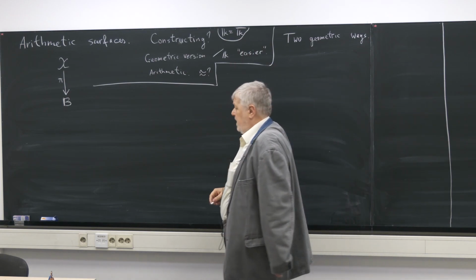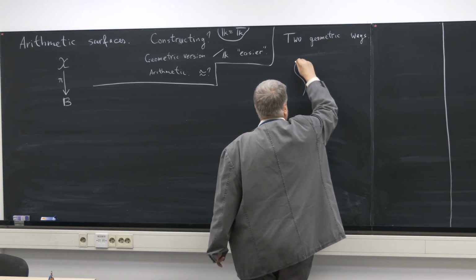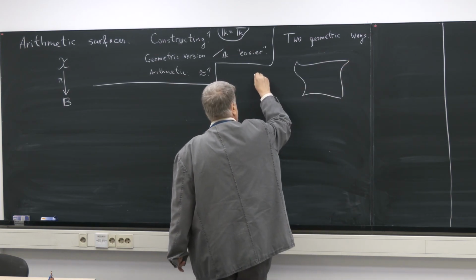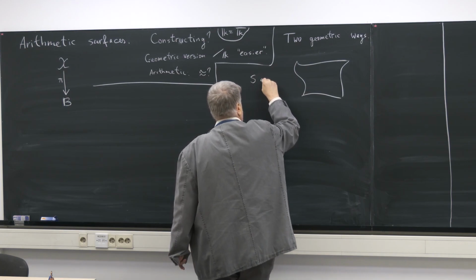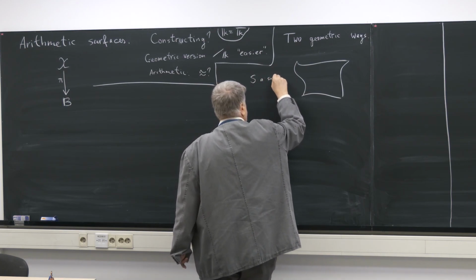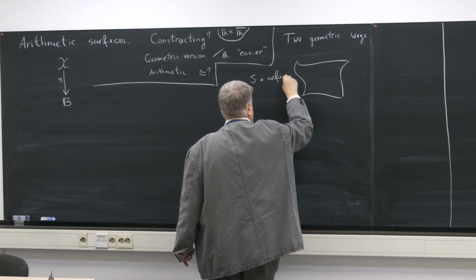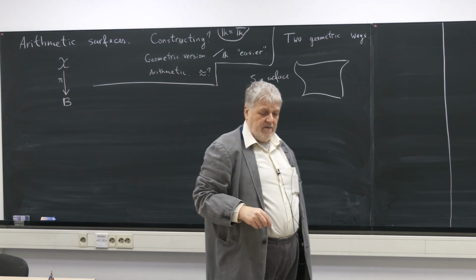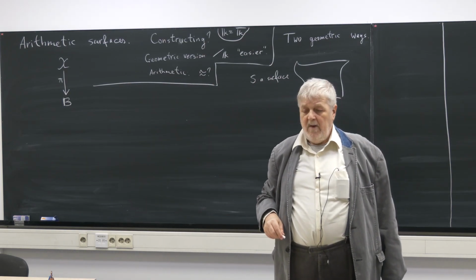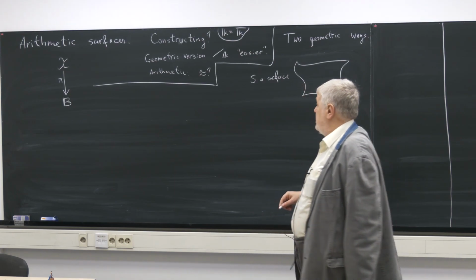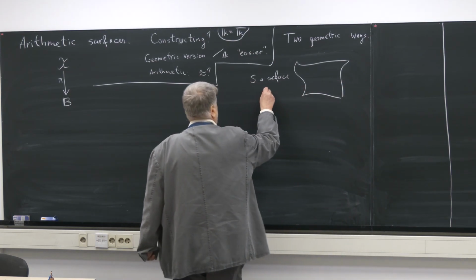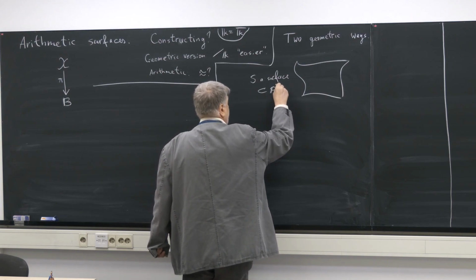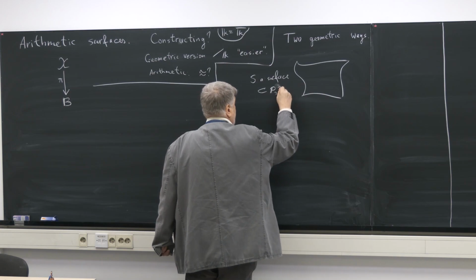The first one can be easily drawn. Let's say this is a surface. To switch on your geometric imagination, you can even assume that it is embedded in P3.